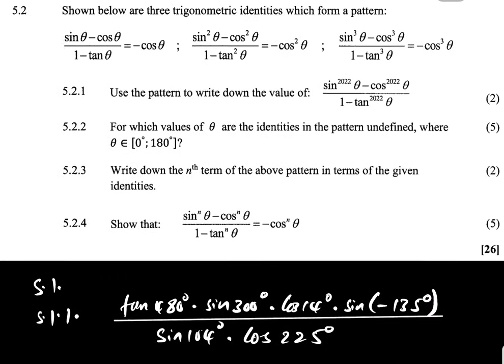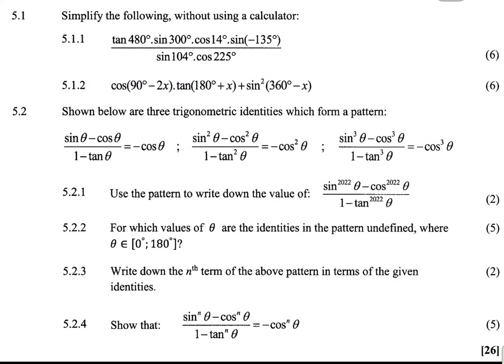Let's check what we are having here in 5.2. Shown below are the three trigonometric identities which form a pattern. So you have sine of theta minus cos theta over 1 minus tangent of theta is equal to negative cos of theta.